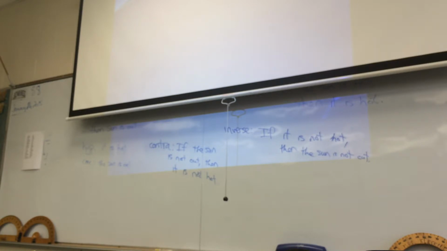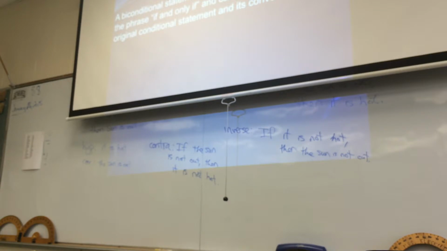A biconditional statement is written in if and only if form, okay? Meaning that you're not going to start it with an if, you're not going to have a then in there. What you're going to do is take a hypothesis and a conclusion, and just link them together with the term if and only if.